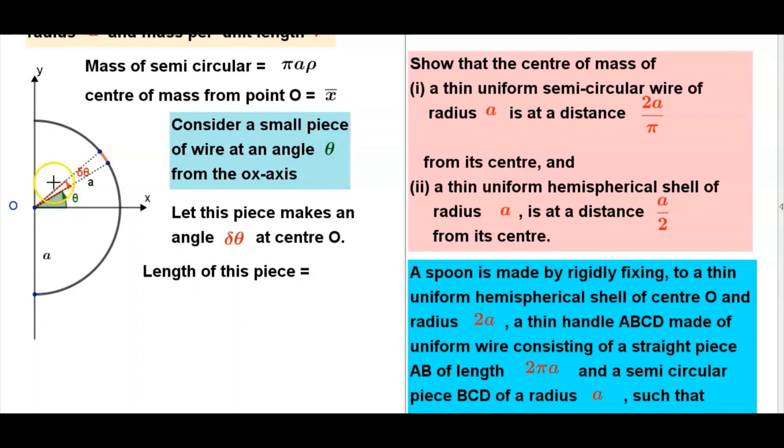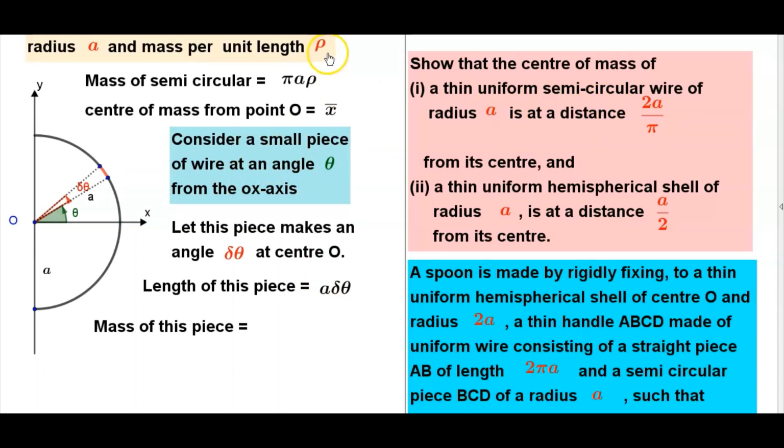Length of this piece, we already learned from our theory in trigonometry. The radius is a and the angle is delta theta, therefore the length of this red colored small wire is a delta theta. Mass of this piece: length is a delta theta, mass per unit length is rho, therefore the mass of this small piece is a delta theta into rho, that is a rho delta theta.